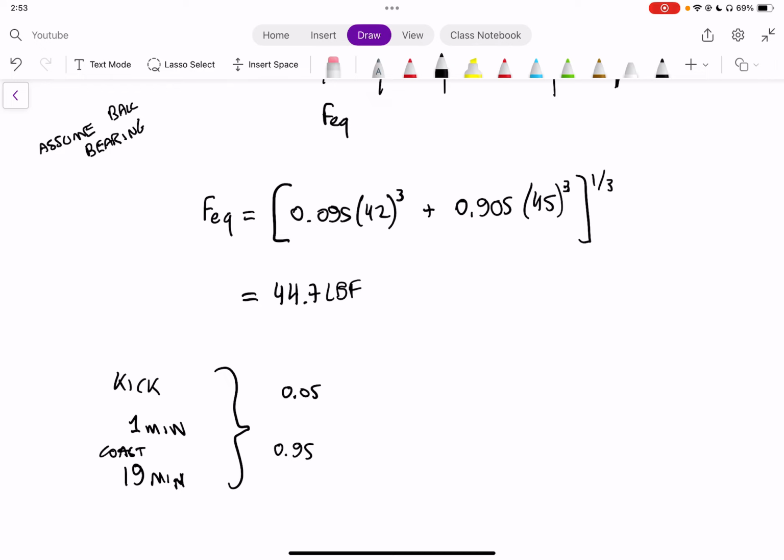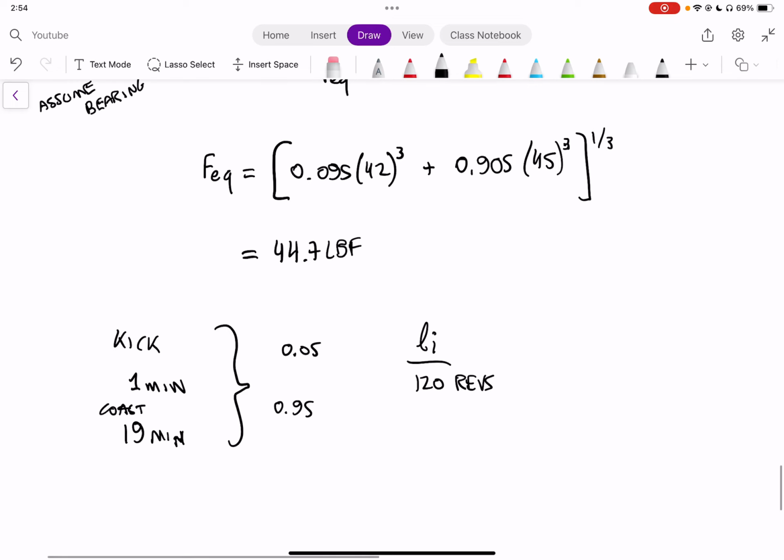Okay, and what we could write is then, instead of writing our time fraction directly, what we could have written too is that our Li in this case, so if we had left it as 1 and 19 minutes, our Li could be 120 revolutions, because we have 120 RPM, and our 19 minutes would be 19 times 60.